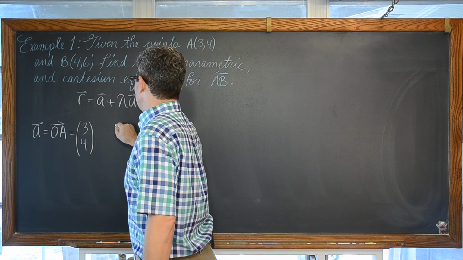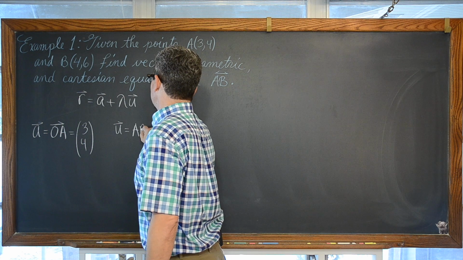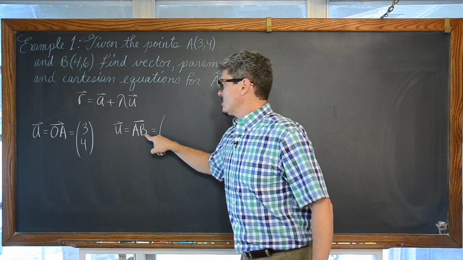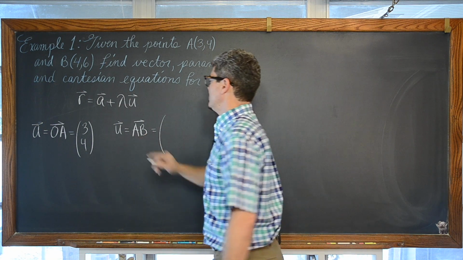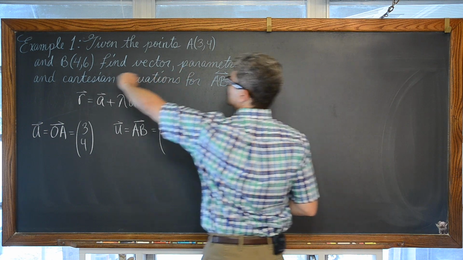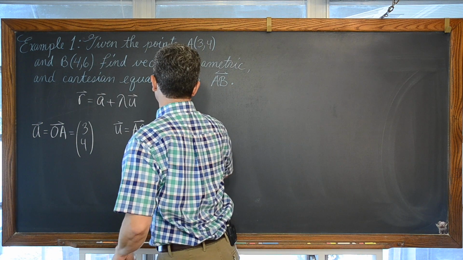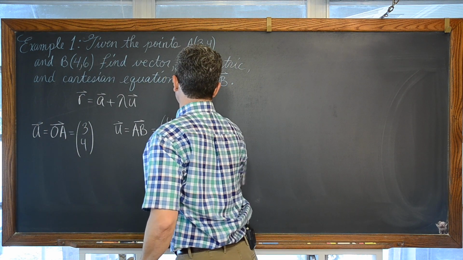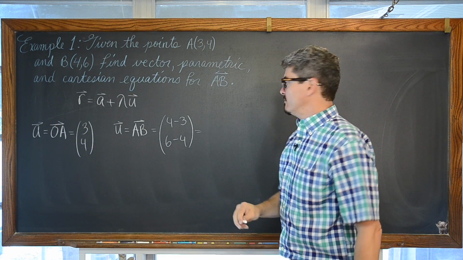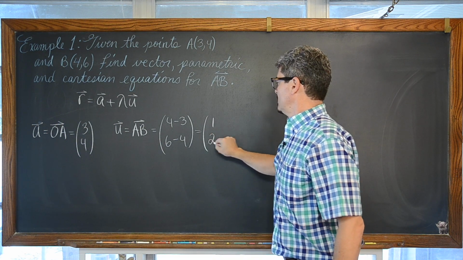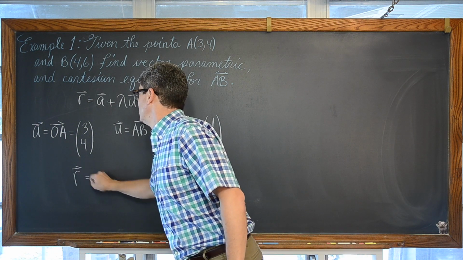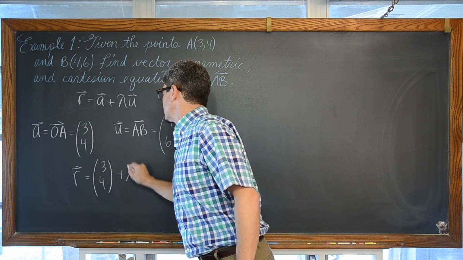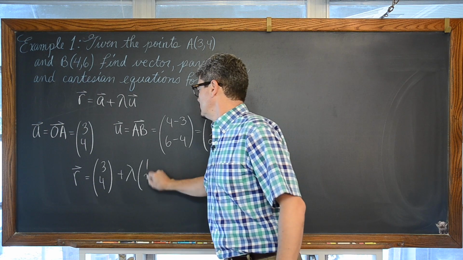So we're going to say that vector u is equal to vector AB, and just simply write the component form of vector AB with the terminal point of B and initial point of A. So we're looking at terminal minus initial, and that is going to give us vector u in component form, which is going to be 1, 2. So vector r is equal to vector 3, 4 plus lambda times vector 1, 2.